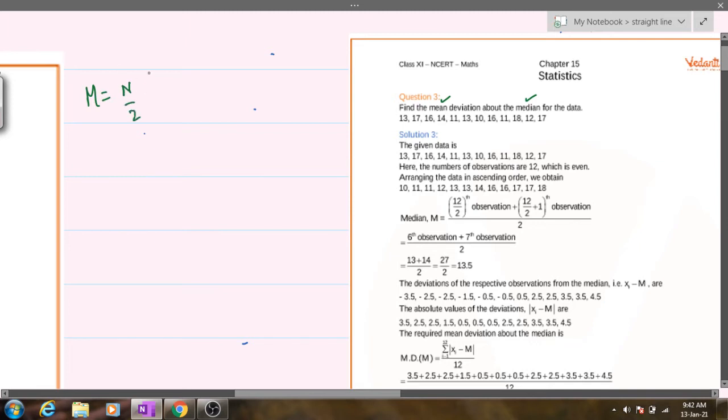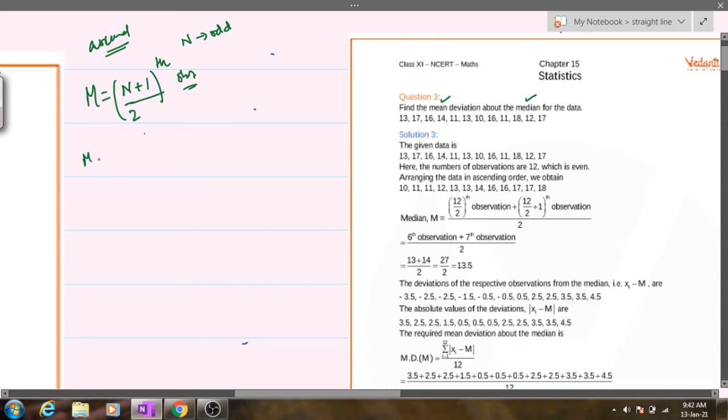If you have an odd number of items, after having arranged in ascending order, keep in mind, first arrange it in ascending order, and then go on to find the median, which is the n plus 1 by 2th observation.